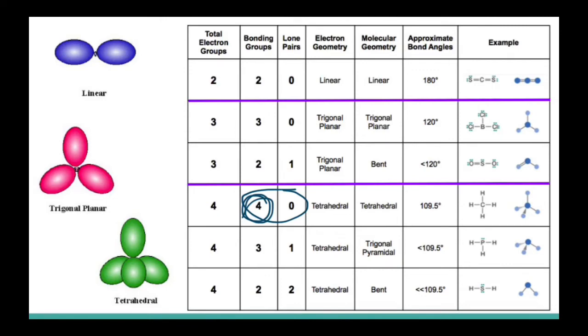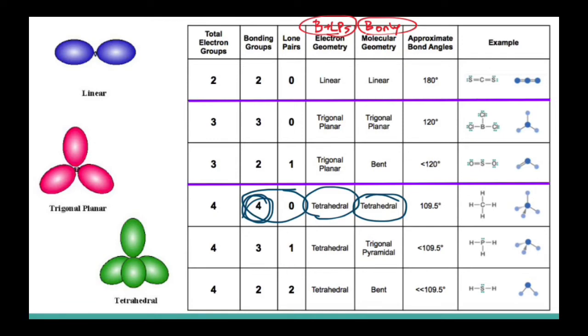So what we're seeing for our molecular geometry is the same as what we are seeing for our electron geometry, 4 groups, which means that it will be tetrahedral. So when we have no lone pairs, there's no difference between my electron geometry and my molecular geometry, because if there's no lone pairs, then we're just left looking at bonds in the electron geometry, which is what we're looking at in our molecular geometry anyway.